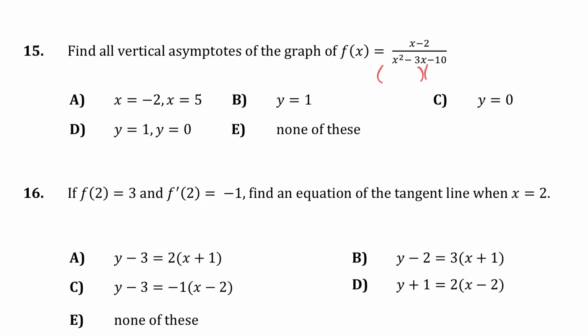That's looking like it wants to be factored. 2 and 5. Oh yeah, 2 and 5. Because it can be negative 5 and positive 2. And so the opposite of all that makes it 5. X could be 5 and x could be negative 2. So it has to be this one, A.